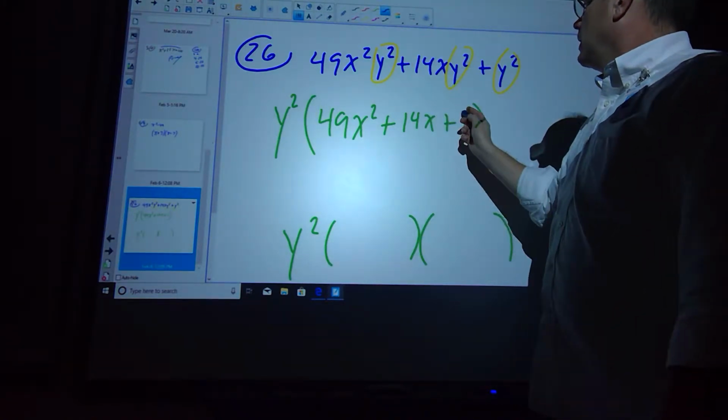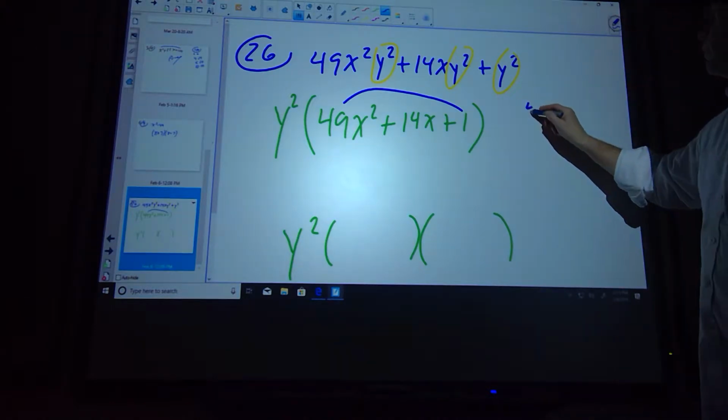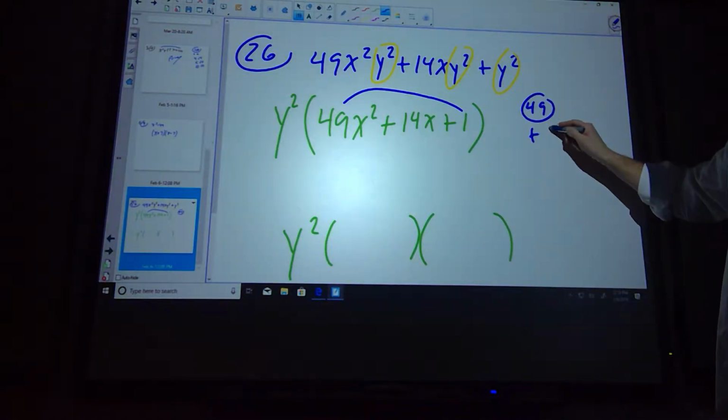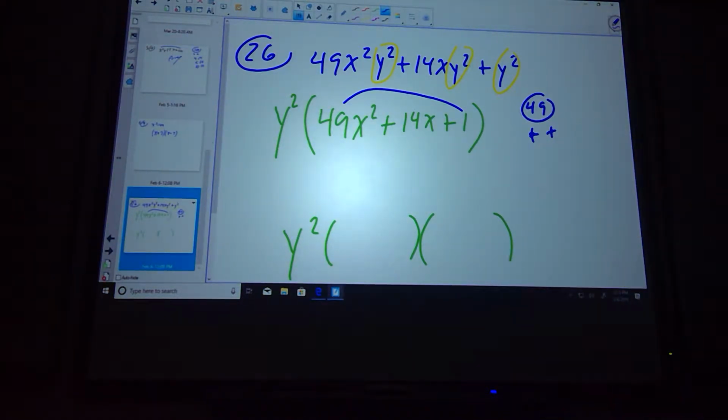And then multiply to the magic number 49. Looks like both terms have to be positive. So what factors of 49 add up to 14? 7 and 7. Is it okay to have the same term over? Yes. Heck yeah. 7 and 7.